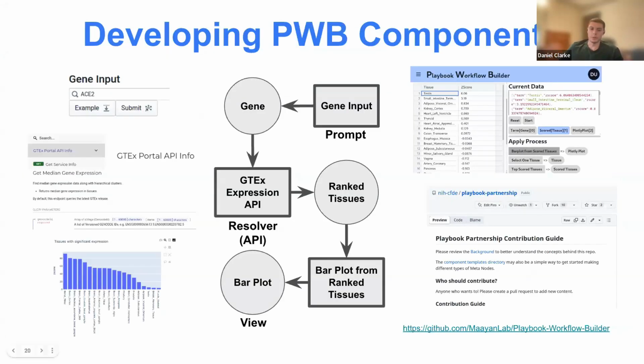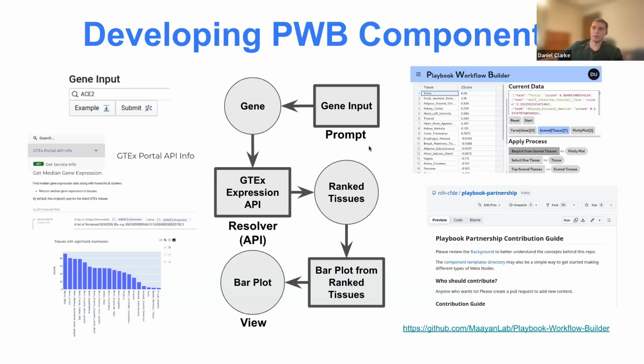So developing Playbook components involves this prototyping interface. And to really understand how to develop them, you need to better understand how the Playbook components work together. So there's these different types of components. You have what's called a prompt.